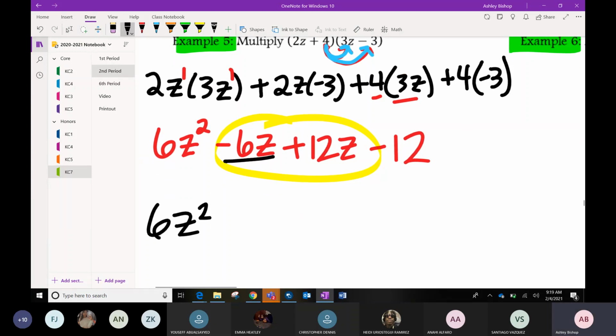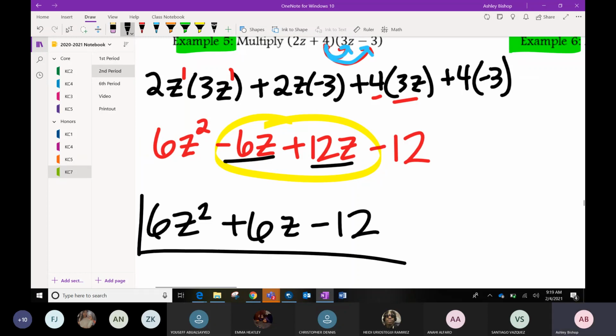But this -6z and +12z, those are like terms. They both have just one z, so I can take -6 and add 12. -6 plus 12 is +6. Again, if you're not sure, please use your calculator. So those simplify, and then -12. Now that is cleaned up. Nothing else can simplify.